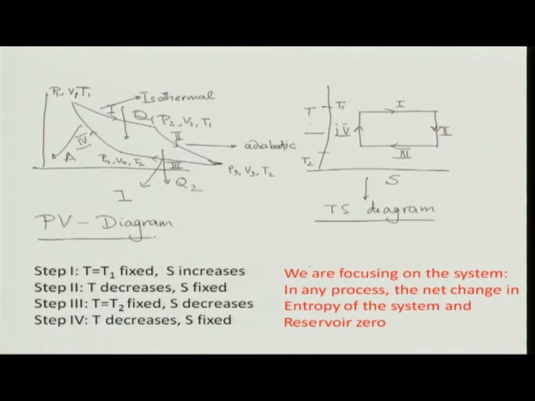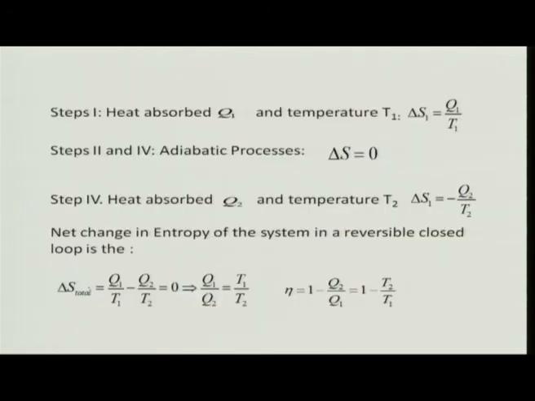You see, TS diagram looks much simpler only because isentropic processes are straight lines like this and isothermal processes are straight lines like this. You see, you have a rectangle. You had a complicated geometry here. Instead, in TS diagram, you have a rectangle.